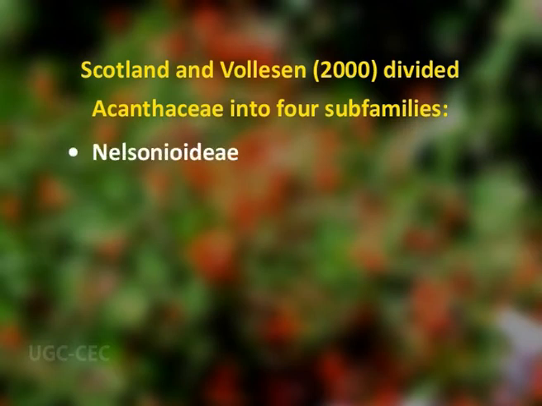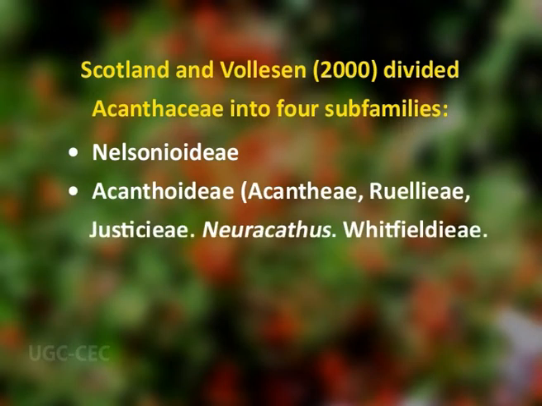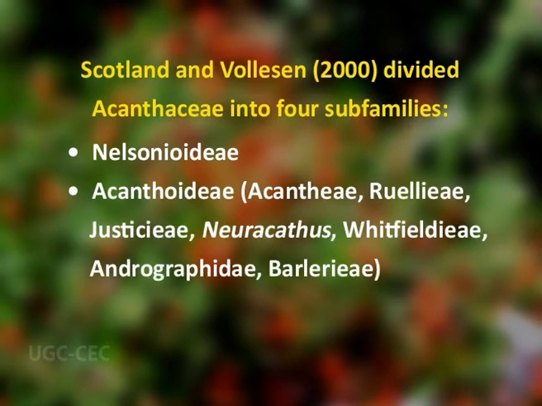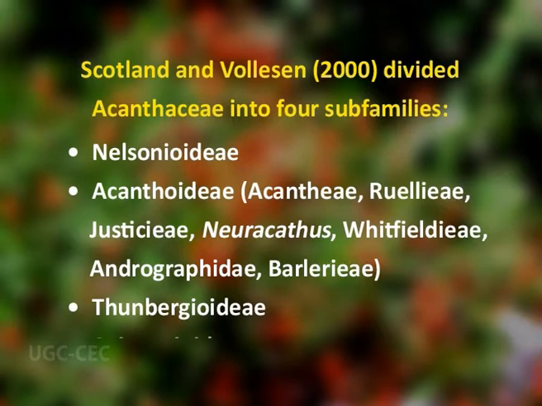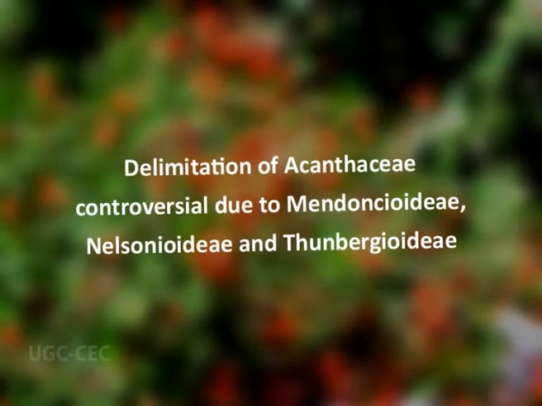Number first, Nelsonioideae; number second, Acanthoideae, containing Acantheae, Ruellieae, Justicieae, Neuracanthus, Whitfieldieae, Andrographideae and Barlerieae; number third, Thunbergioideae; and number fourth, Avicennioideae.